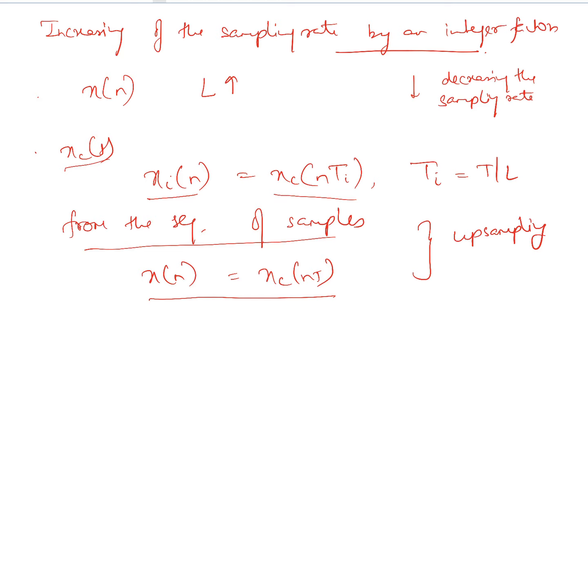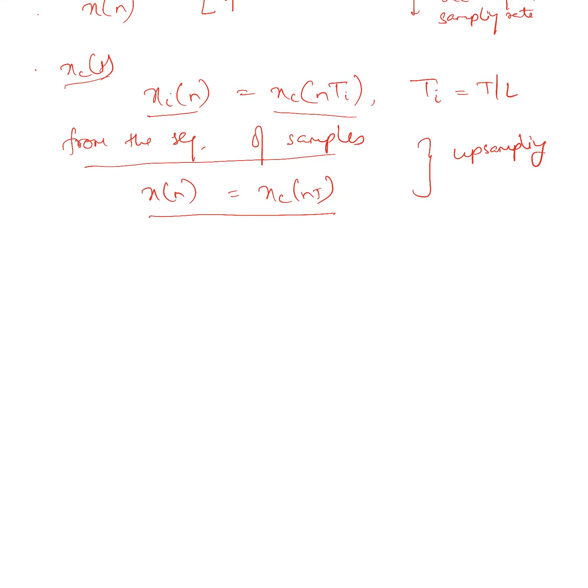From the above equation, it follows that xi of n is equal to x of n by L. If we combine this and this equation, we would have xi of n is equal to x of n by L, which is equal to xc of nT by L, where n is equal to 0, plus minus L, and plus minus 2L.